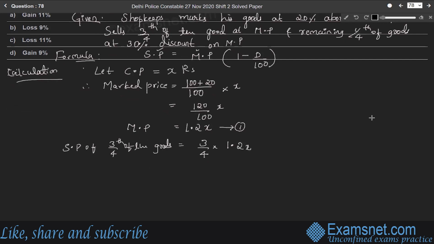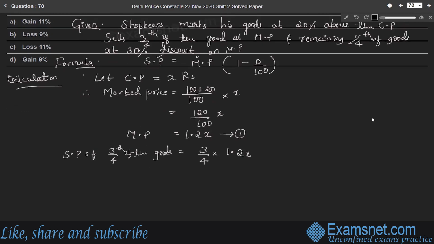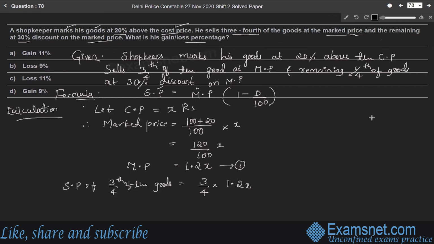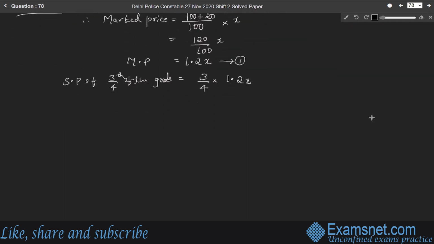Therefore, 3/4 into 1.2X is equal to 0.9X.